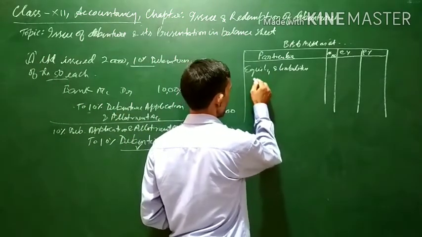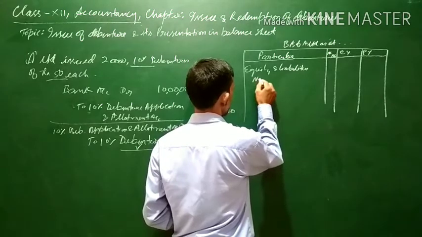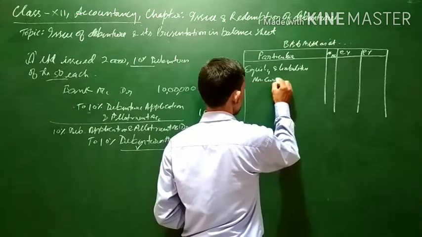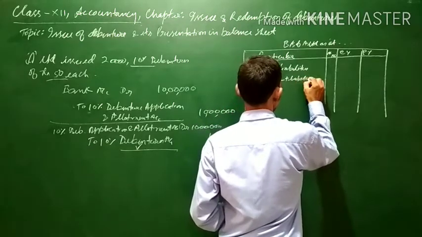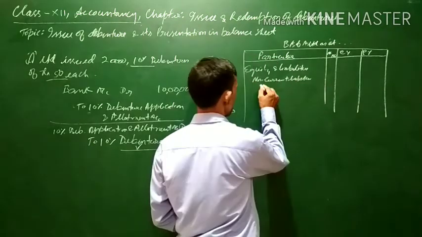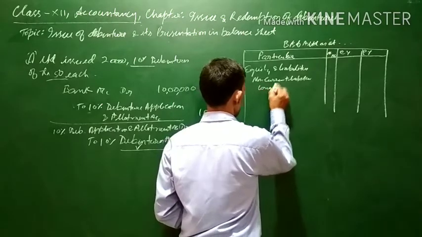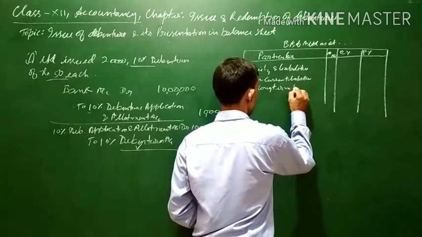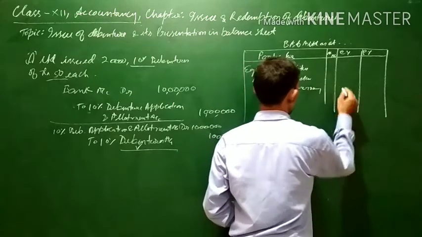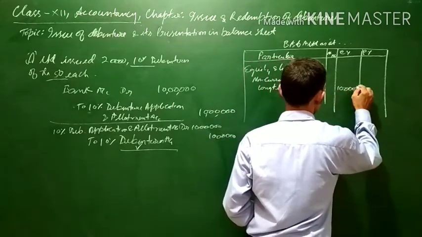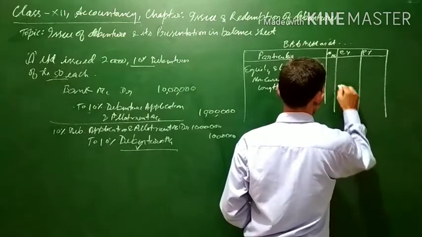So under equity and liabilities, the subheading will be non-current liabilities, and under non-current liabilities, it will be long-term borrowing. The amount is, as we know, 10 lakh.